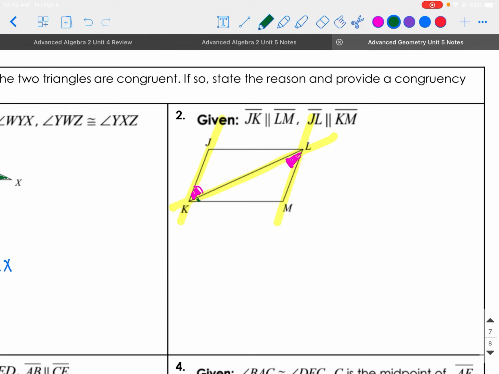So that would mean that these right here are also congruent. And we know that they share a side. We didn't really even have to use J, L, and KM. We got everything we needed to say that this one is angle, side, angle, because we have the two angles, and the side that's congruent is the one connecting the two angles. It runs here.